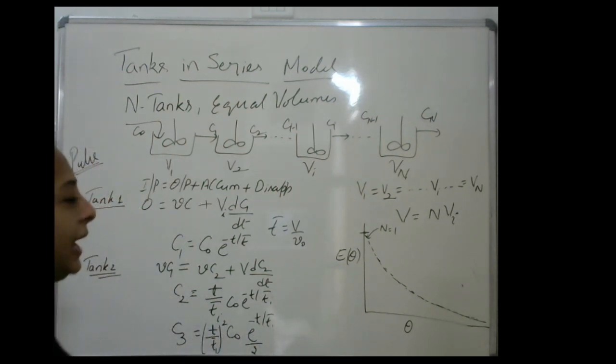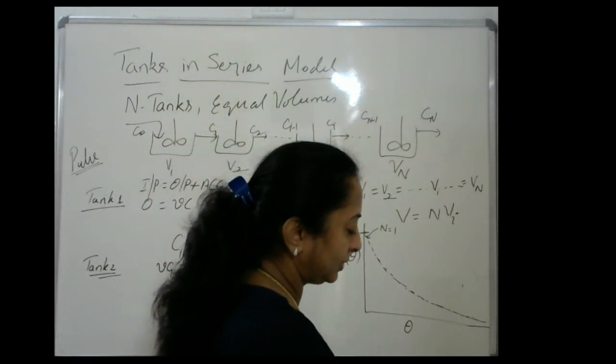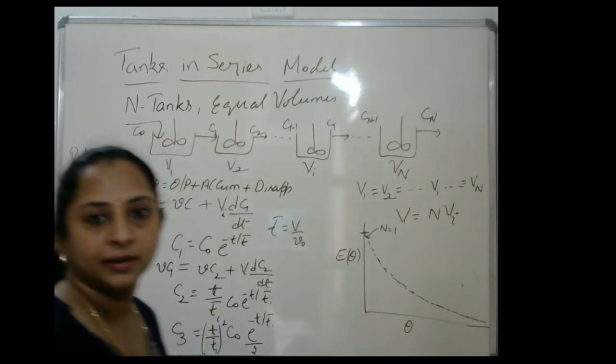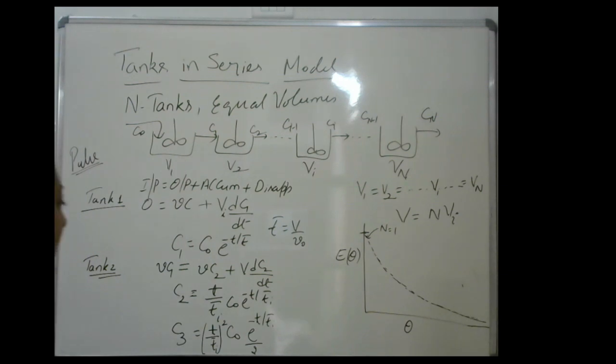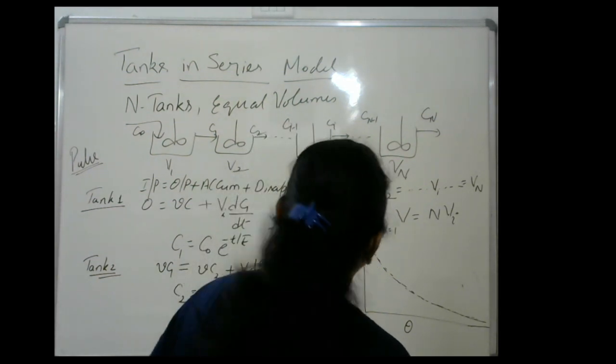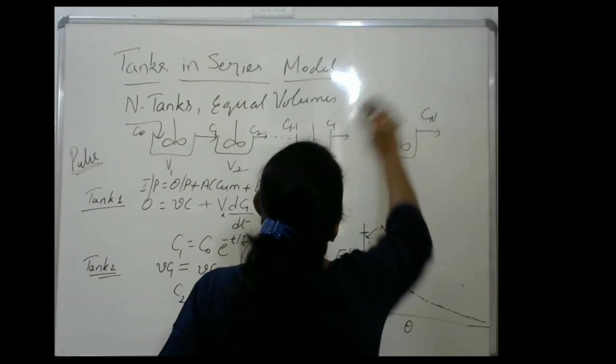So I can write for n tanks the concentration for the nth tank also, and the expression for finding the value in the nth tank will be, I'll just continue here. Of course I can drop the diagram.